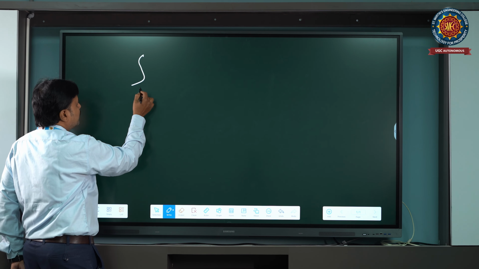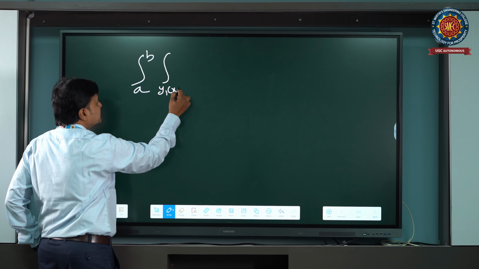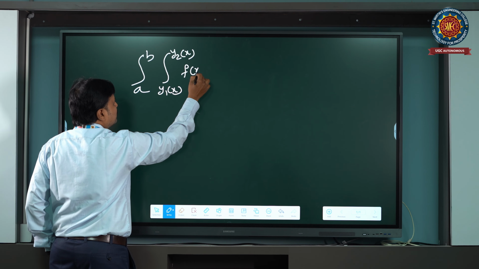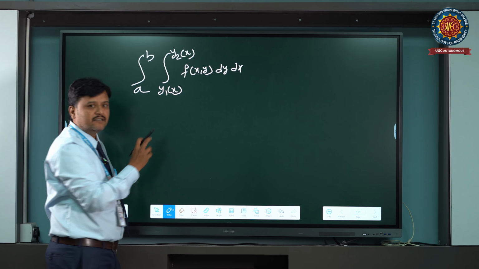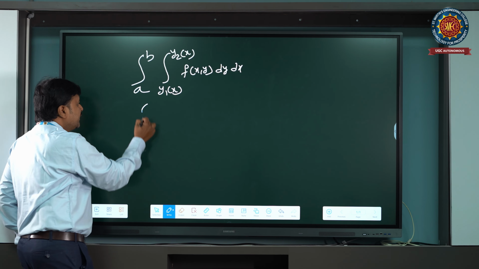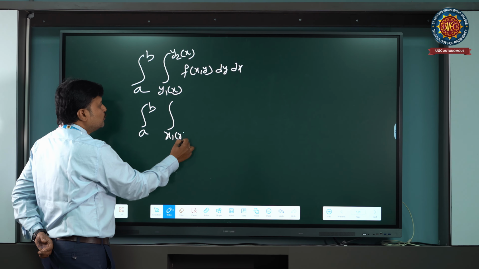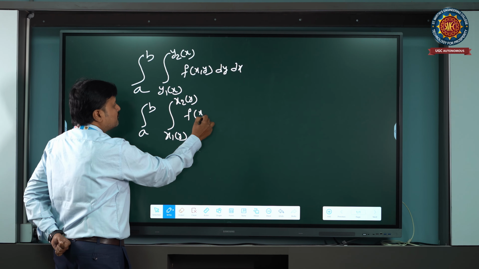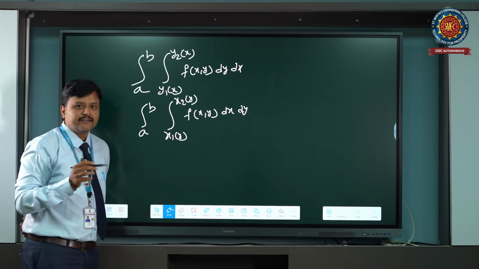An expression of the form integral a to b, integral y1 of x to y2 of x, f of x comma y dy dx, is called an iterated integral. Or, integral a to b, integral x1 of y to x2 of y, f of x comma y dx dy. These are called iterated integrals.